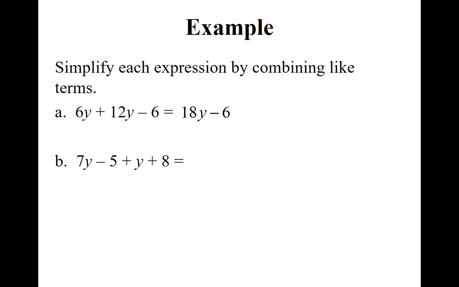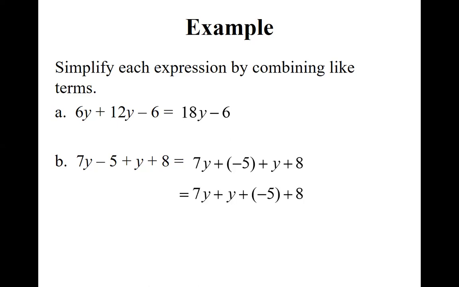In B, we can move things around. And to be technical, we can only do that when everything's addition. So the first thing we'll do is add the opposite, turning that minus 5 into plus a negative 5.